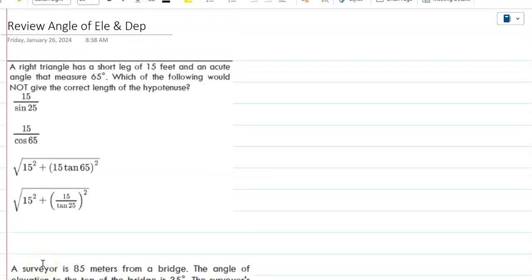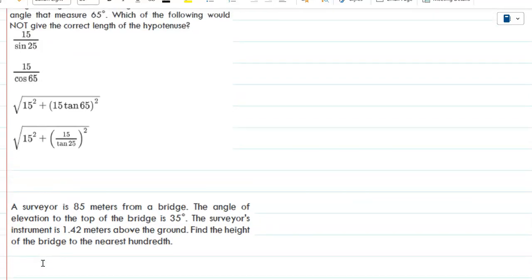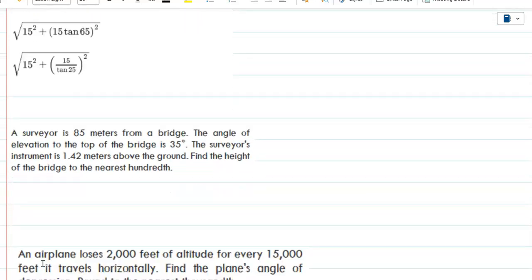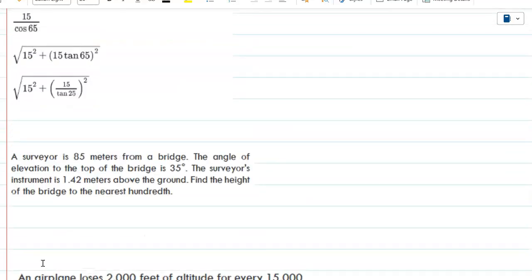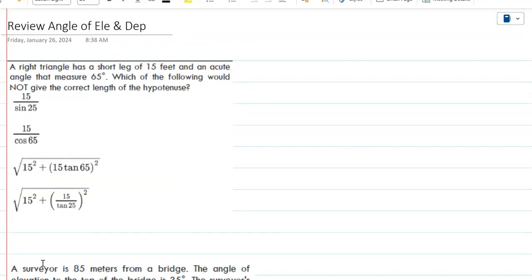So I'm going to do a couple problems from the practice problems and your study guide over the angle of elevation and angle of depression word problems. But before I do that, let's talk about this problem.